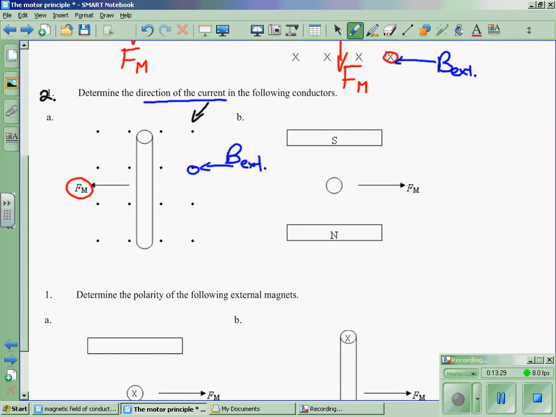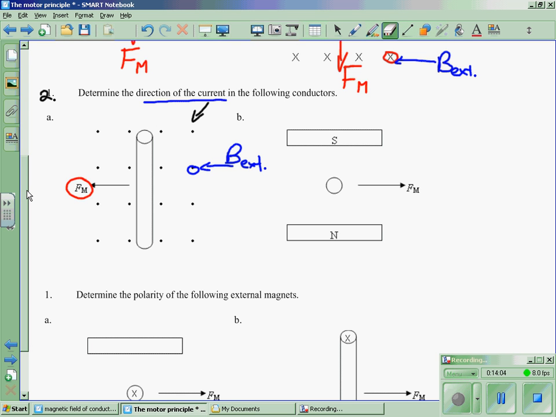Now, if you take a look at the external magnetic field, because the field lines are represented by dots, that means that the external magnetic field lines are going towards you. So away from the screen and towards you. Now, I know it's a little difficult to do. With your open right hand, point your fingers towards you. I know unless you're very flexible, it's going to be tough, but point your fingers towards you.